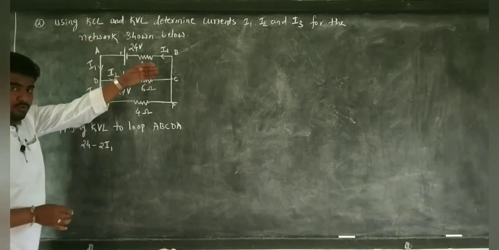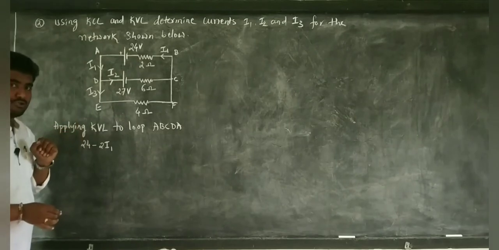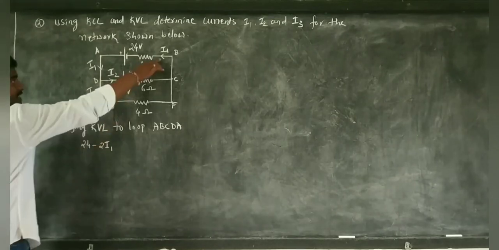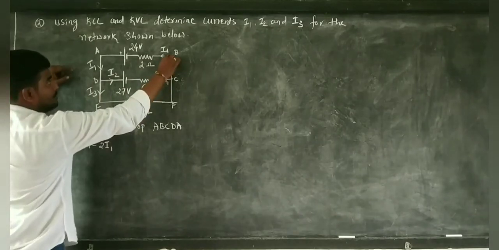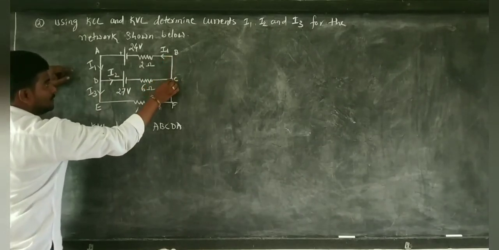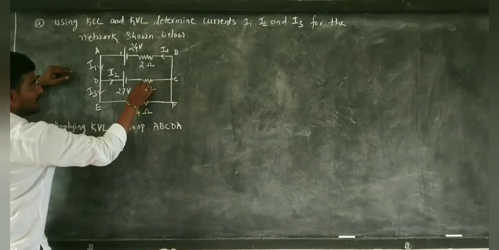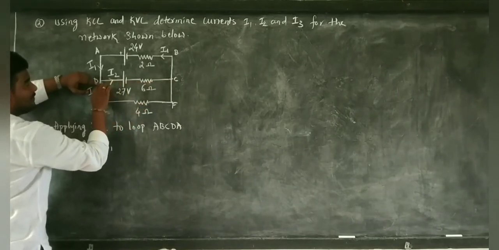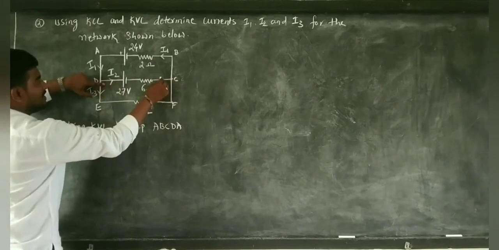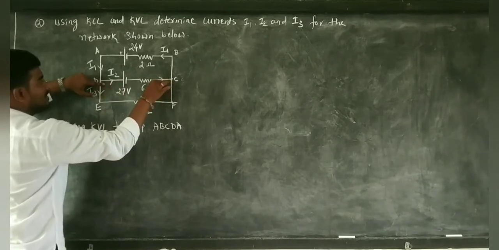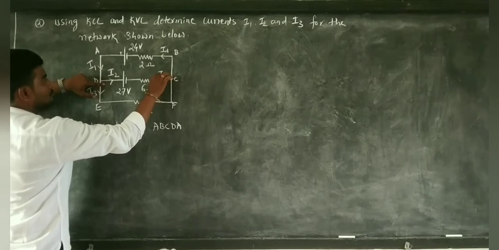If current is along with you, then take it as positive. Since current is against me, I have taken it as negative. You reach B, and B to C, you are traveling this way. See here, I2 current is flowing from junction D, and C is a junction, between the junctions current has to remain constant, therefore here also current is I2.